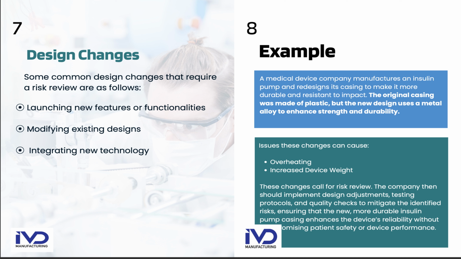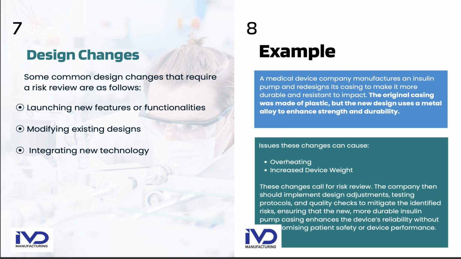So what are the issues with these changes? Keep in mind, plastic is replaced by metal alloy. As you know, the property of a metal alloy is that it can create overheating, and it will increase the device weight. So what are the changes which call for the risk review?